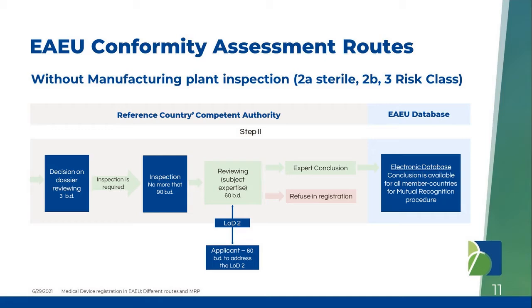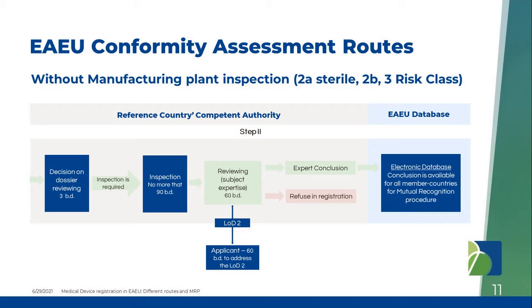The conformity assessment route for 2A sterile, 2B and 3rd risk class devices is different. Not very different, but it includes a quality management system inspection of the manufacturing site before expert conclusion preparation. The duration of this inspection isn't included in the total timelines of the registration procedure. The rules of the manufacturing plant inspection you can also find in decision number 46, but these are very general words.